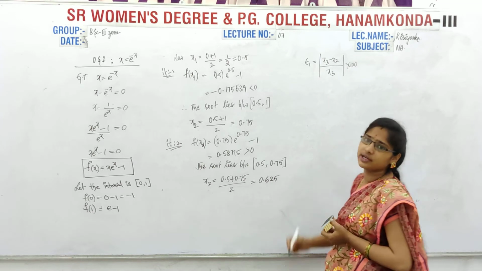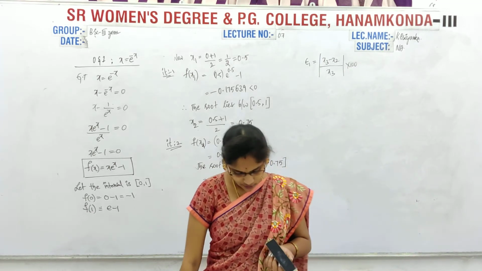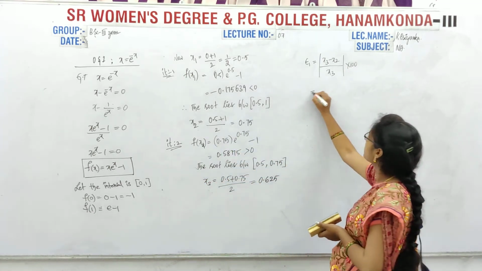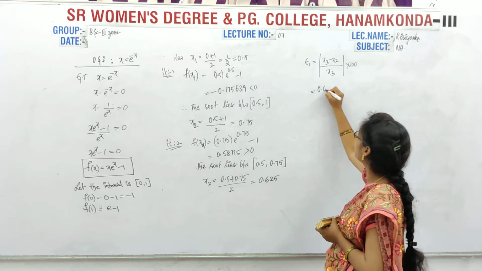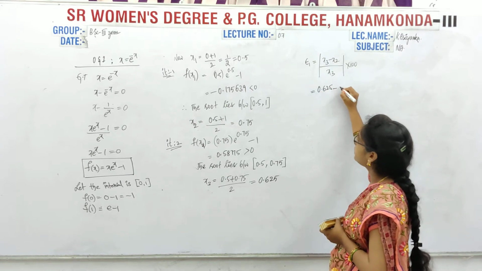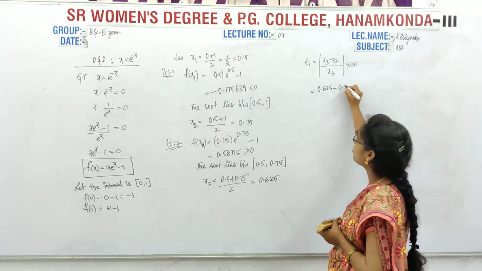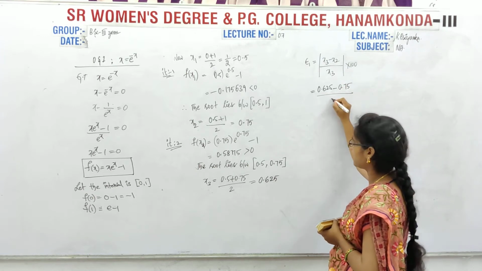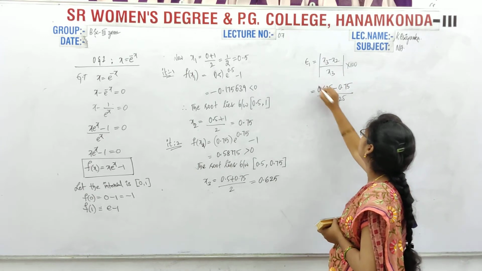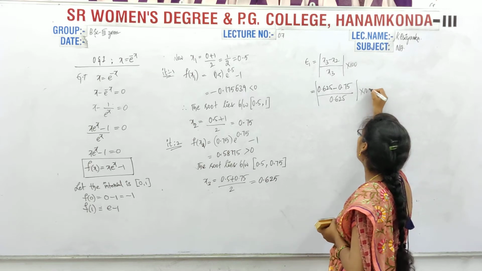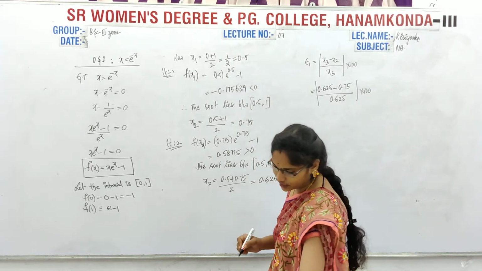What they mentioned? They mentioned that it is 0.05% now. Now it is x3, which means 0.625 minus x2 is 0.75, by x3, into 100. Now what I'll get?